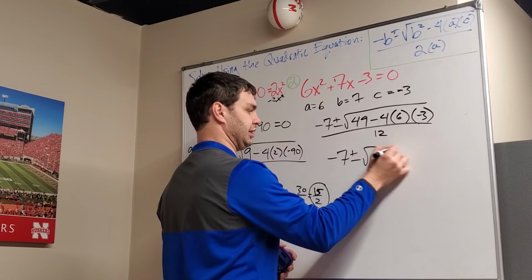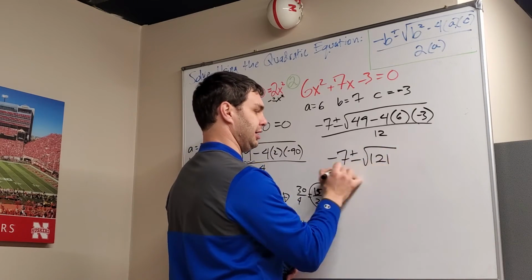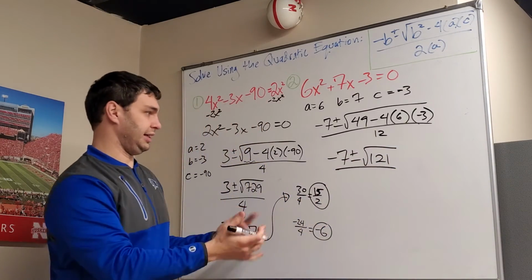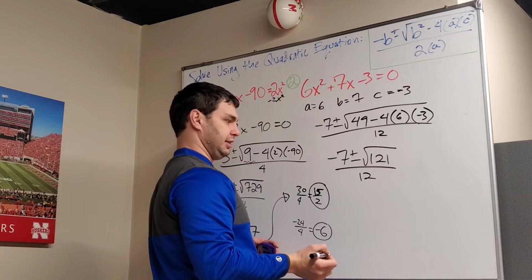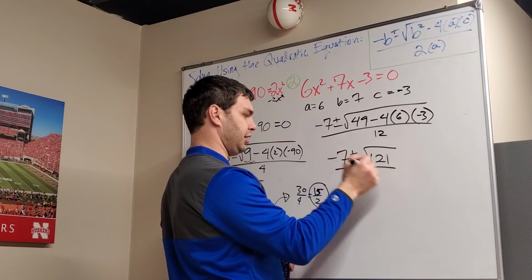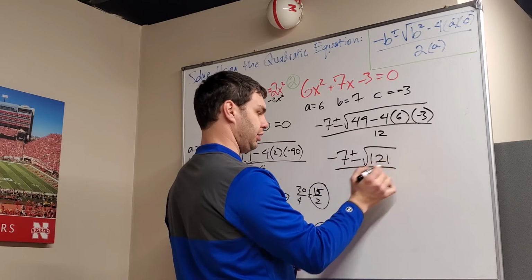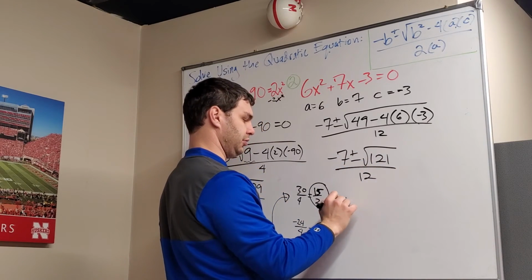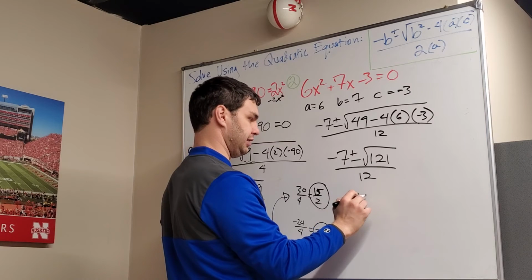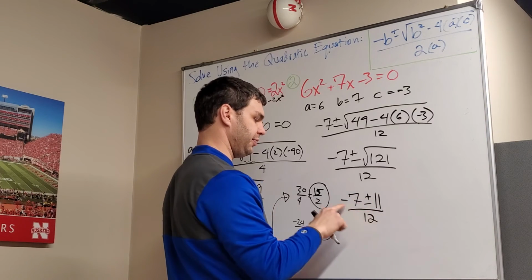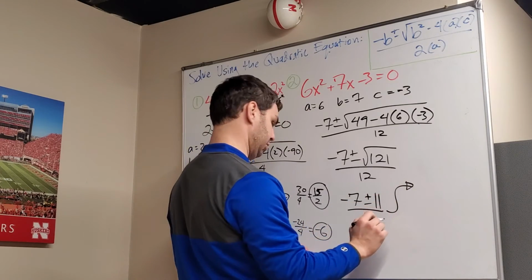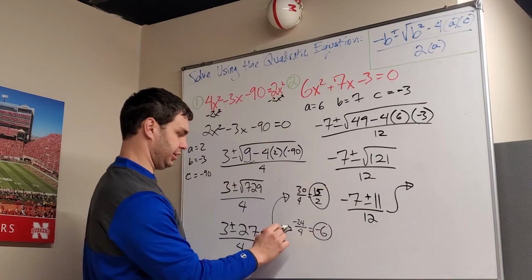In the next video I'll try to get ones that don't turn out as nicely. Okay, obviously this is going to turn out pretty nice here. And let's see, what do we get? Negative 7 plus or minus the square root of 121. Well, first off, square root of 121 is 11. So negative 7 plus or minus 11 over 12. And we get those two choices. I should have drawn another arrow here.